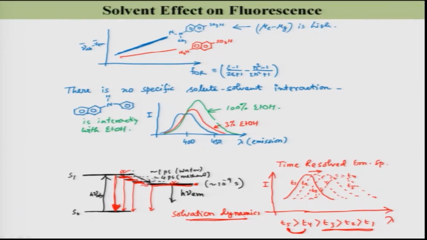Now let me briefly discuss how we are going to measure this time resolved emission spectra. I think the time is almost up, so before starting that, let me repeat what I said using a diagram.